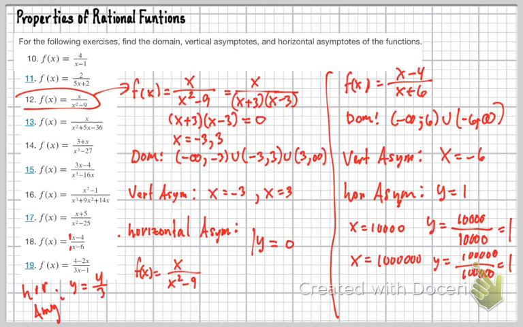Oh, not 4/3, I'm sorry. Let me fix that. I was just looking at the first one. See, that's what I get for that. It's actually going to be negative 2/3. I apologize. Because when you look at that, think about where I'm plugging it in here. I'm plugging in the 10,000 in for that one. That's going to be 20,000.